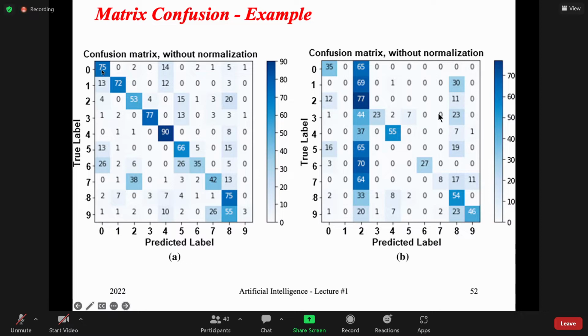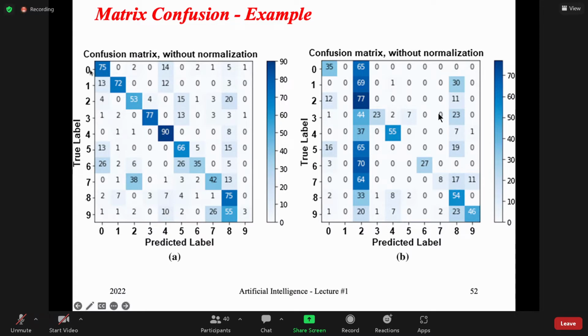Here is the result that we can obtain for the MNIST database with a simple classifier. We can see that 75% of the time we say 0, and it's 0. But here we have some false positives, because we say 0 and the true label is 1. It happens 13% of the time, and so on.